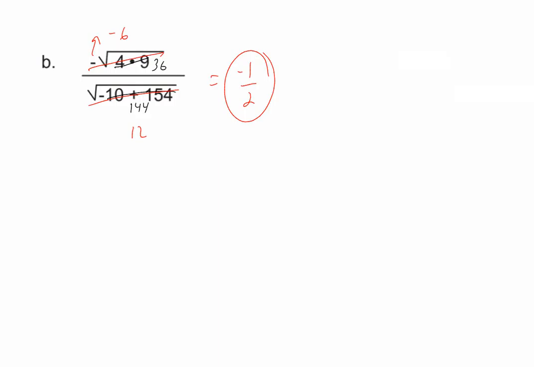Technically, it could be plus or minus 6. We normally just deal with the principal root, the positive part of it. Square root of 144 technically is plus 12 or minus 12. We usually just deal with the principal root unless you're told otherwise. But don't forget, the principal root is the positive one.